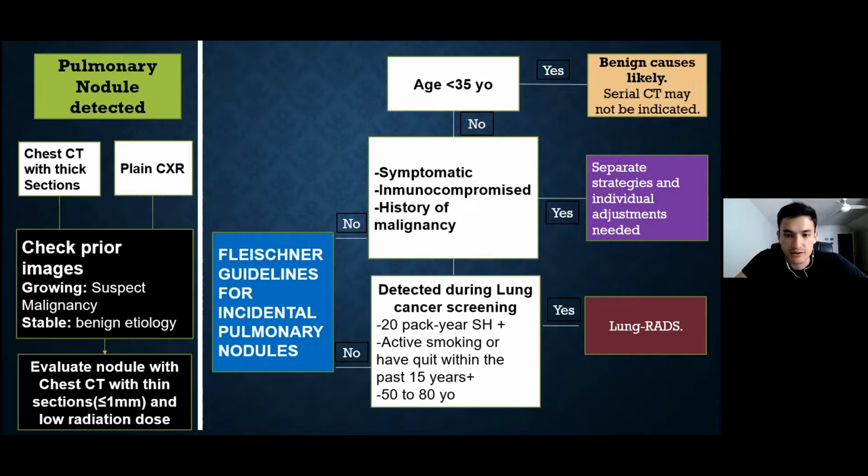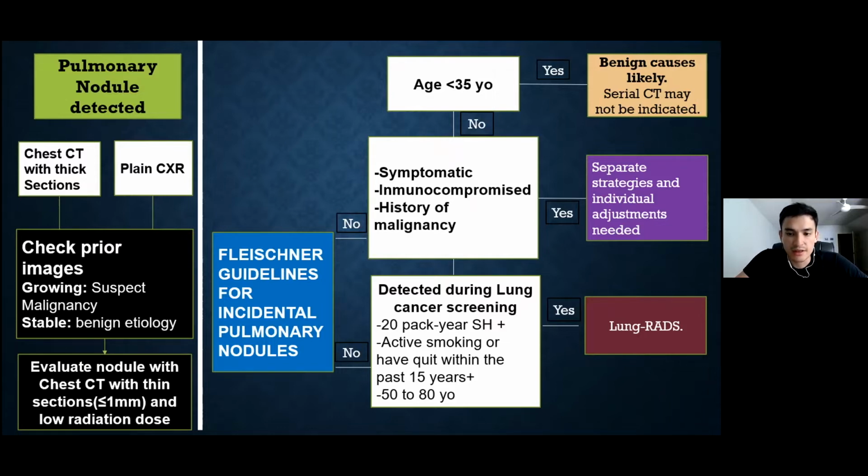This is also important since in immunocompromised patients, the etiology is usually infectious, and patients with an already known history of malignancy have a 25% chance of metastasis if a lung nodule is detected.